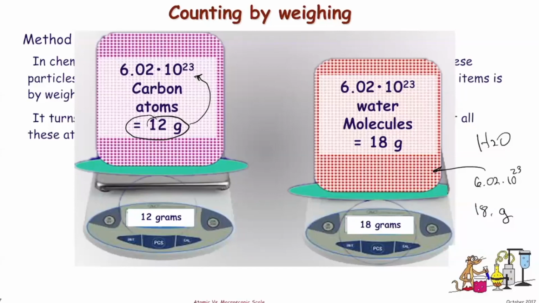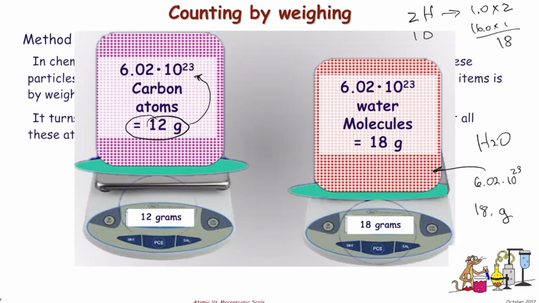The molar mass tells you the individual mass of the atom, like water. 2 hydrogens, 1 oxygen. Hydrogen is 1 AMU a piece times 2. Oxygen is 16 AMU times 1. That's 18. So 1 water molecule has a mass of 18 atomic mass units.